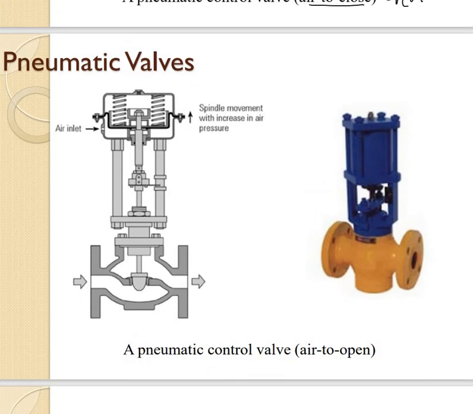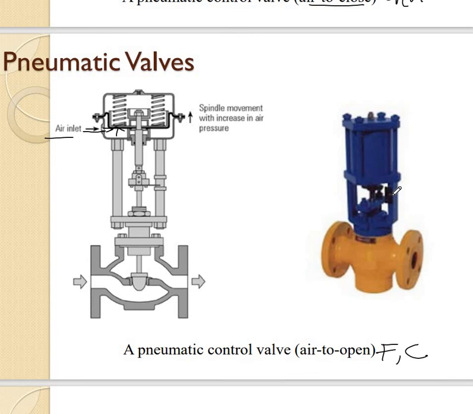That means we need to put in air to open the valve. So in an emergency, if there is no supply of air, this valve will be closed. That means in the fail situation, the valve will close.